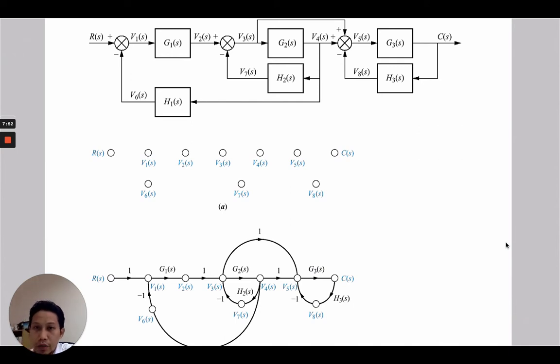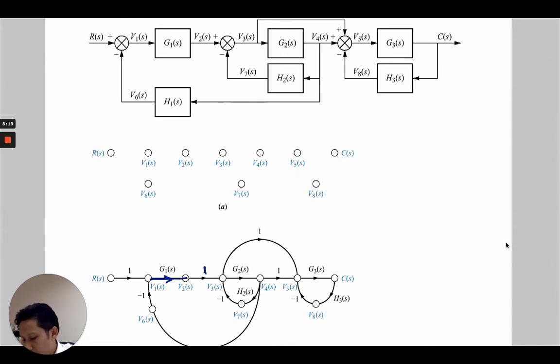And then V1 is connected to V2 via system G1, to the right. Then V2 to V3 is a connection between the nodes, and there's nothing on the assignment junction, so we put it as 1.